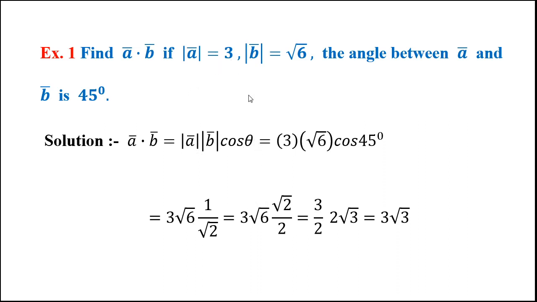So 3 √6 into cosine of the angle between them. Cos 45 degrees is 1 upon √2. √6 can be written as √3 into √2. √2 will get cancelled, and after simplifying we get the answer 3 root 3. So a bar dot b bar is equal to 3 root 3.